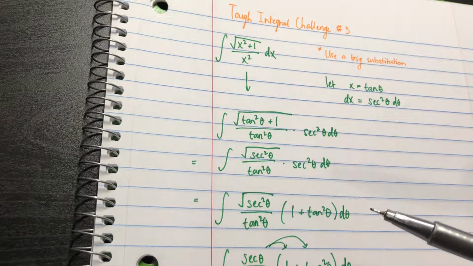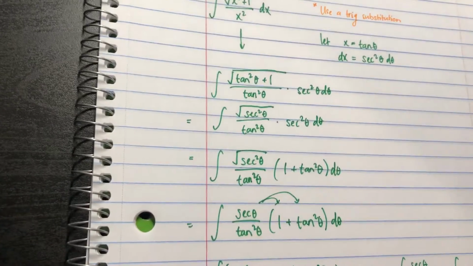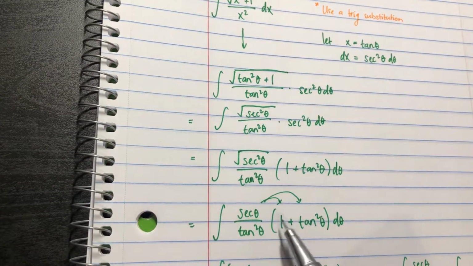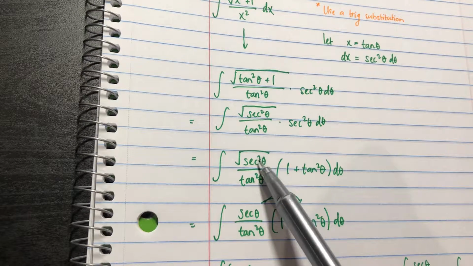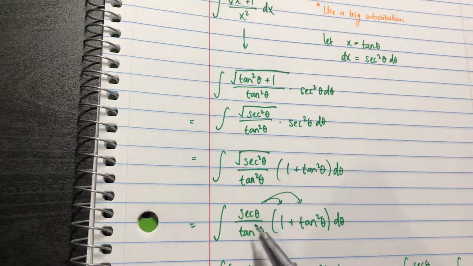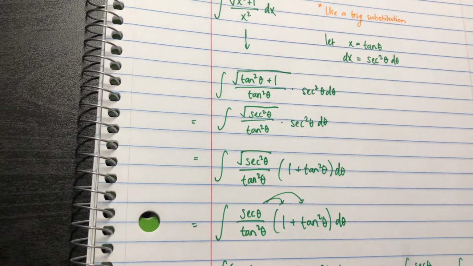It'll become clear in the next few steps, but effectively we cancel out the square root, making use of the fact that this is secant squared theta, and we have the integral of secant theta over tangent squared theta times 1 plus tangent squared theta d theta.